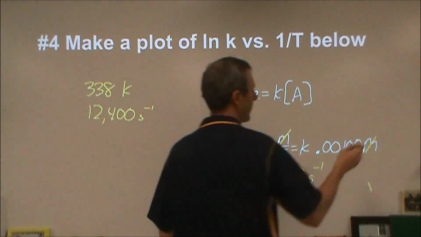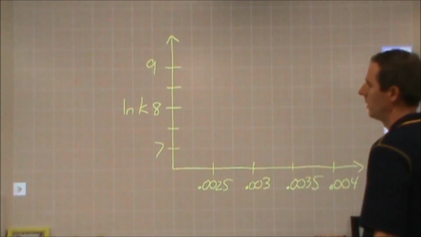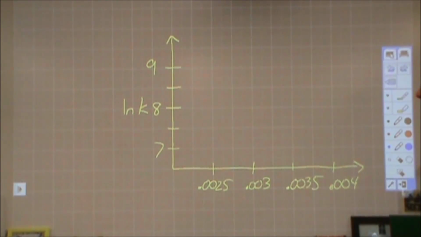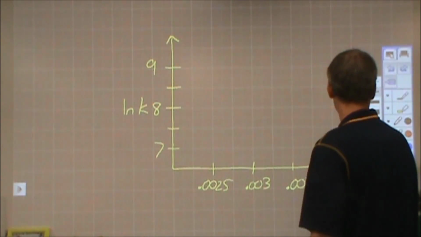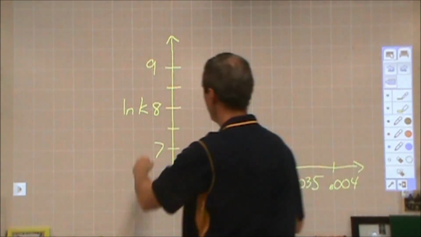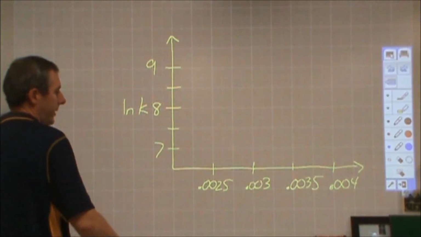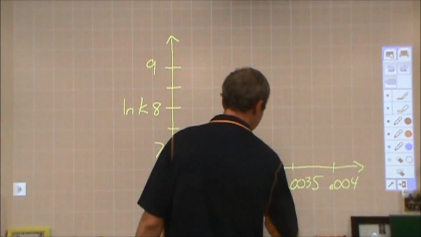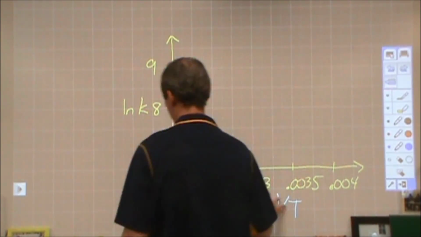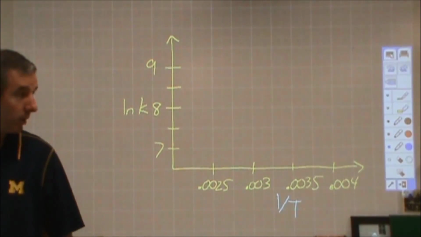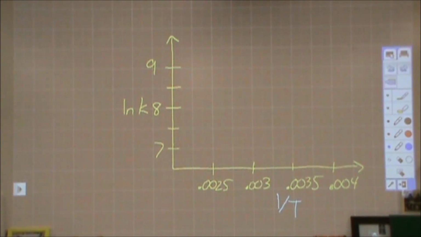To do that, we can take those numbers and come over here. We have the natural log of our rate constant k along this axis, and 1 over temperature in kelvins along this axis. I'm going to plot those different values.